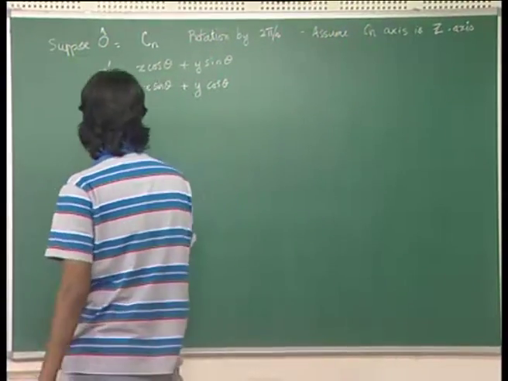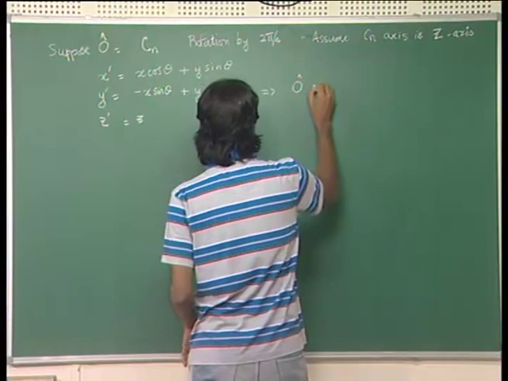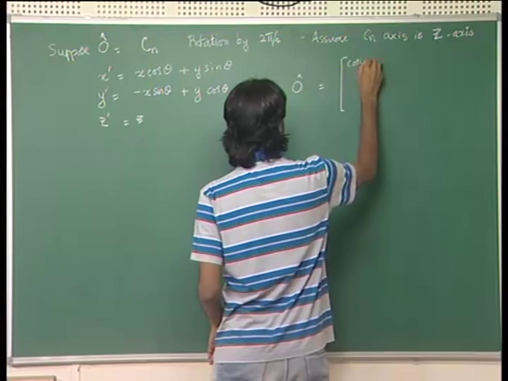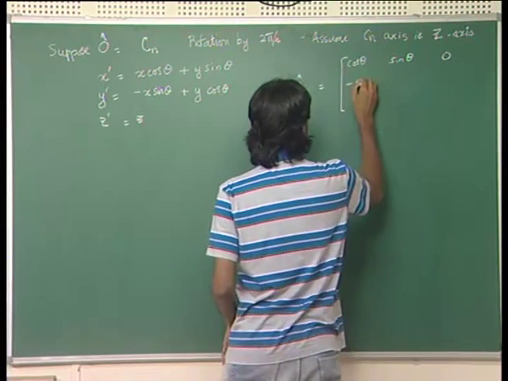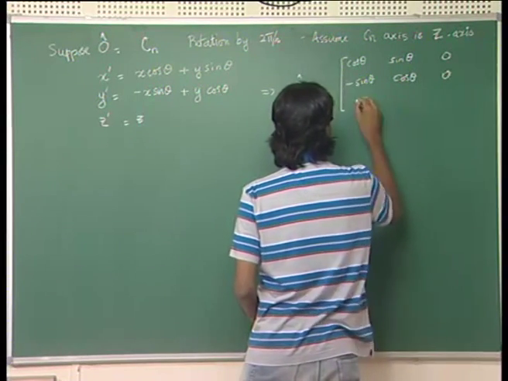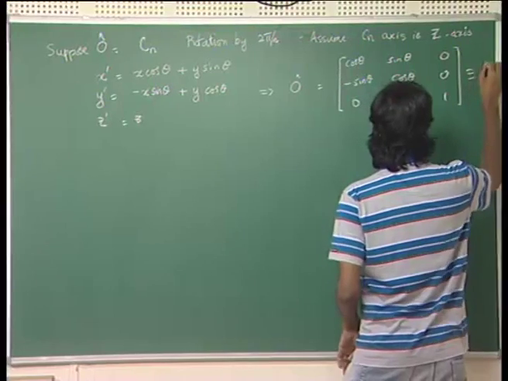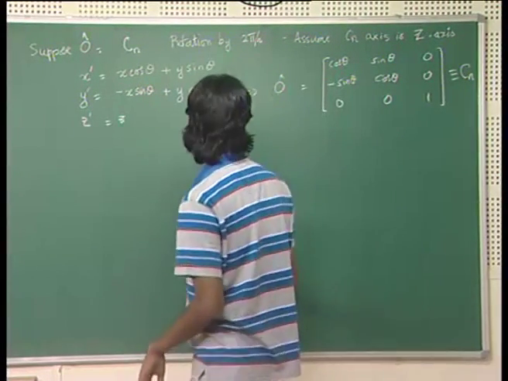Immediately this implies your O operation is represented by the matrix cos theta, sin theta, 0; minus sin theta, cos theta, 0; 0, 0, 1.